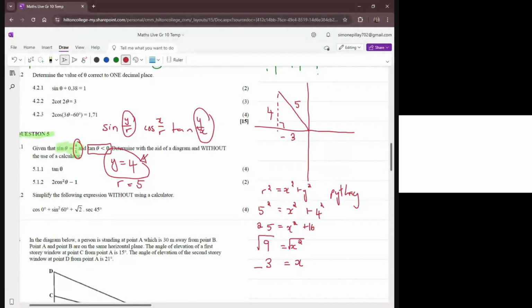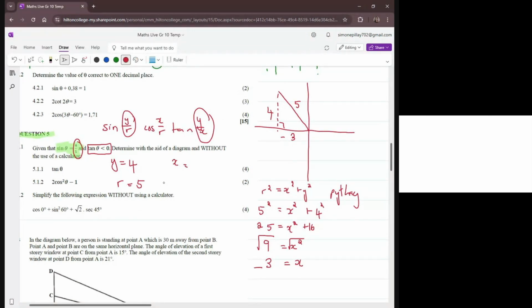Cool. Now that we have that, I basically know that in this scenario that they've given me, my y value is equal to 4 because they've given me that. My r value is equal to 5 because they've given me that. And I now just calculated that my x value is going to be what?